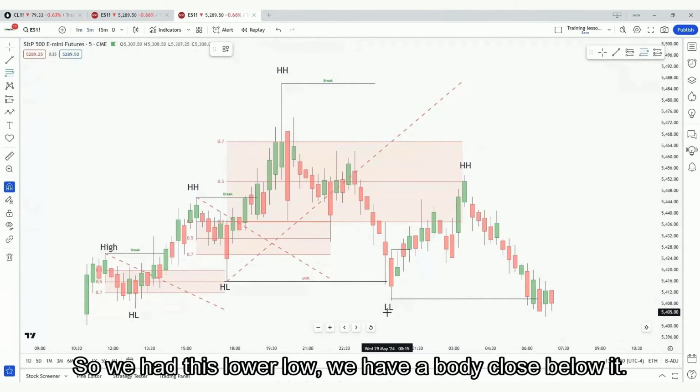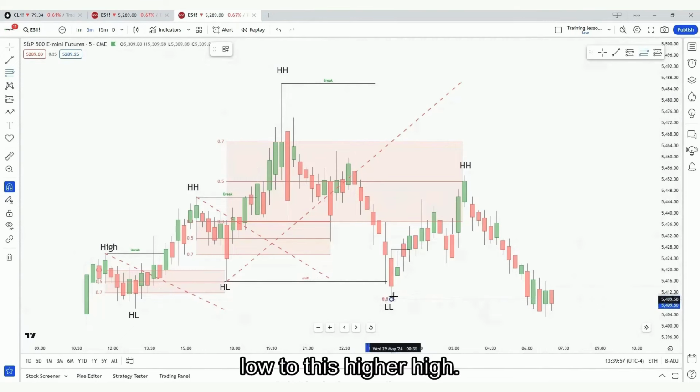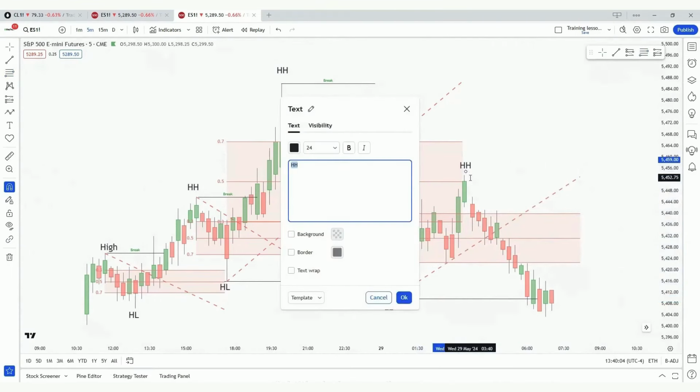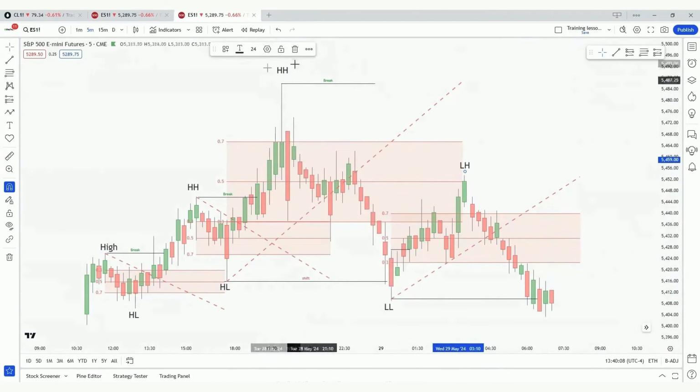So we had this lower low, we have a body close below it, so we pull the Fibonacci from this lower low to this higher high. And this is not a higher high, of course, this is a lower high, because this high is lower than the previous high.